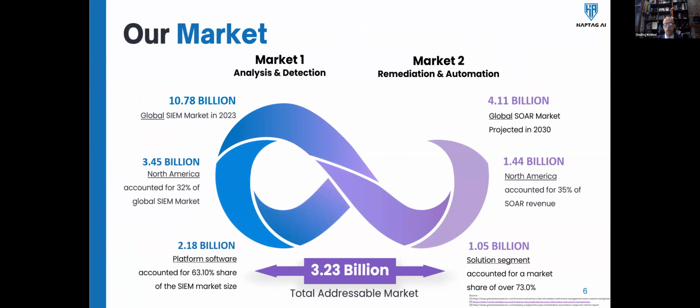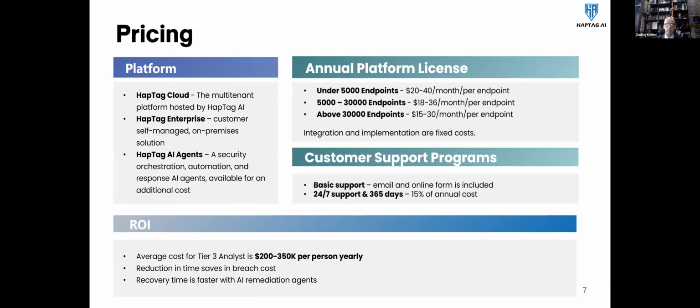What market are we going after? There are actually two markets. One of them is currently integrated in SIEM correlation, and the second one is in remediation and automation. Our pricing: we already developed a minimal product that we are now trying to pilot with 4 customers, 2 in the financial space, 1 as an MSSP, and 1 in healthcare. It will be priced per endpoint, and a whole solution, for example around 10,000 endpoints, could be between $200,000 and $250,000 in infrastructure cost.